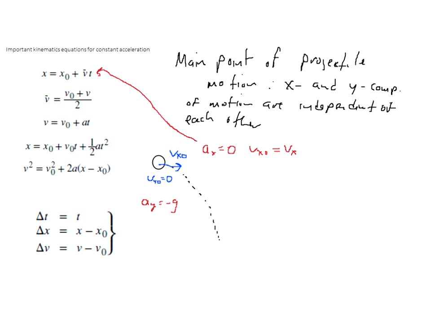So for this case here, we do have an acceleration. So we can basically use the y version of this equation here. y equals y0 plus vy0 t plus 1/2 ay t squared.